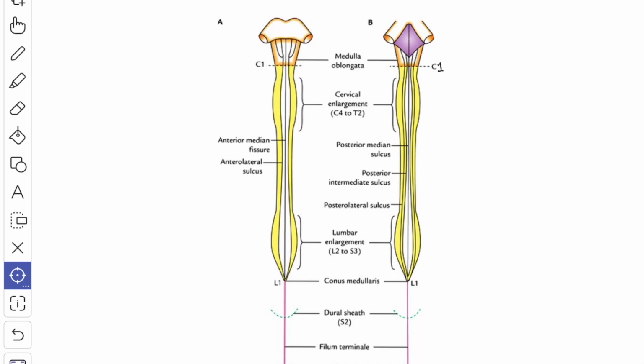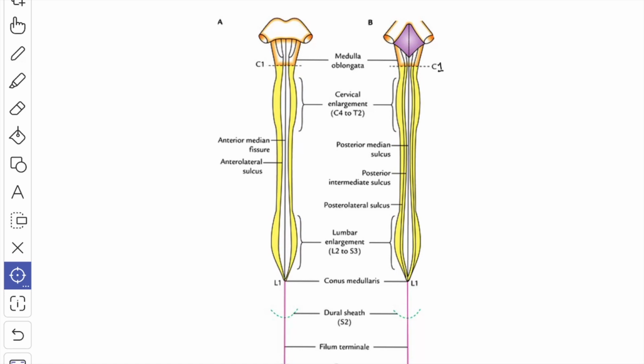These enlargements are produced due to the presence of a large number of large motor neurons in this region to supply the musculature of the upper and the lower limb and associated girdles. The cervical enlargement extends from C5 to T1 spinal segments, whereas the lumbar enlargement extends from L2 to S3 spinal segments.